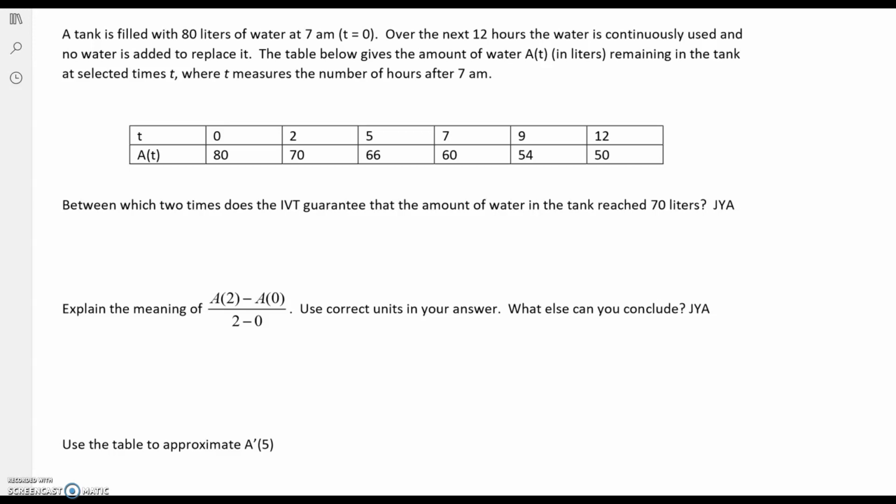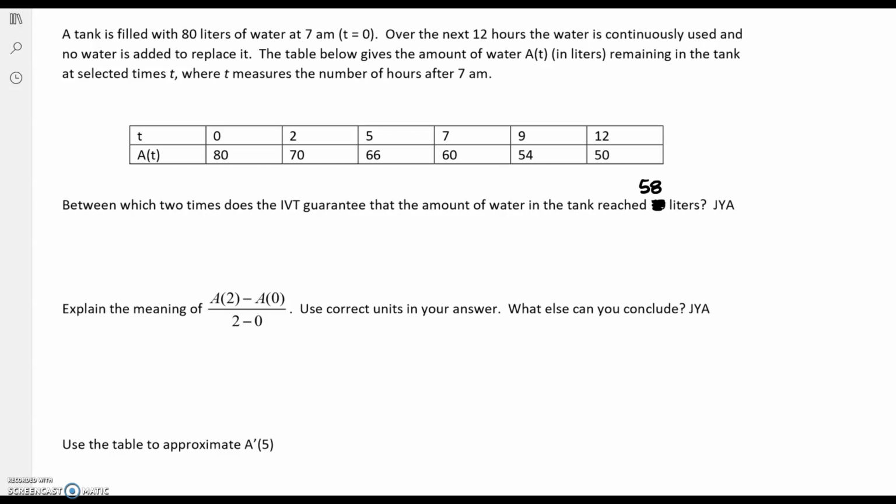So I'm going to start off with a review. Between which two times does the IVT, the intermediate value theorem, guarantee that the amount of water in the tank reached 70 liters? I remember yesterday I kind of went, duh, I picked a value that was on the chart. And so we changed this to 58. So I'm going to do that for you.